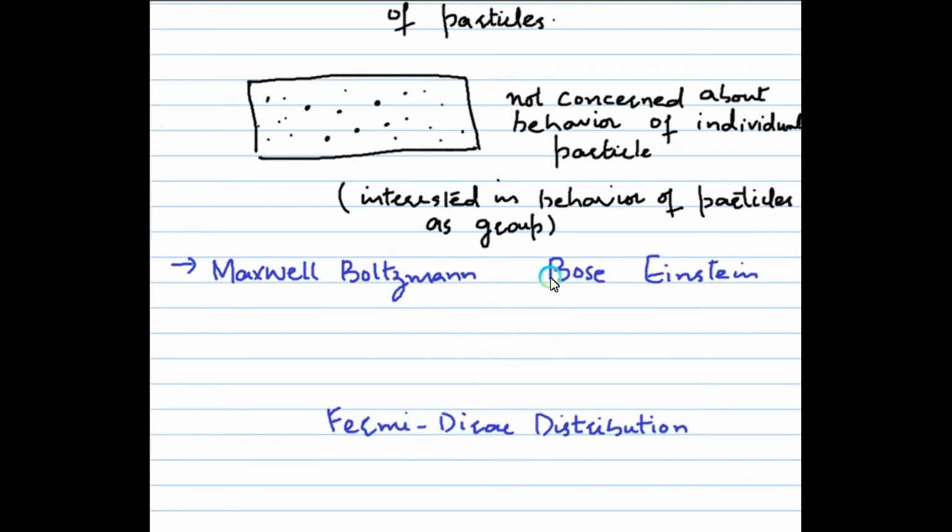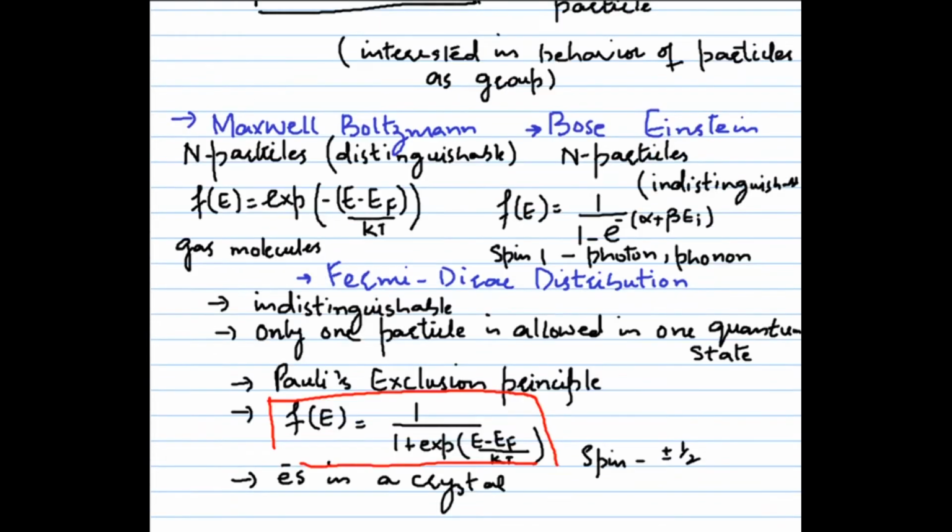All the three laws are regarding the behavior of the particles in any system. So these are the three statistical laws governing the behavior of particles in any system. That is Maxwell-Boltzmann, which is used for all of the classical particles, Bose-Einstein, and Fermi-Dirac distribution function.